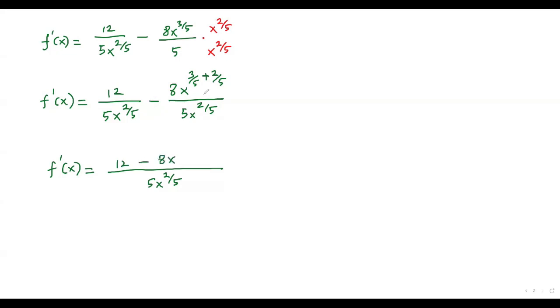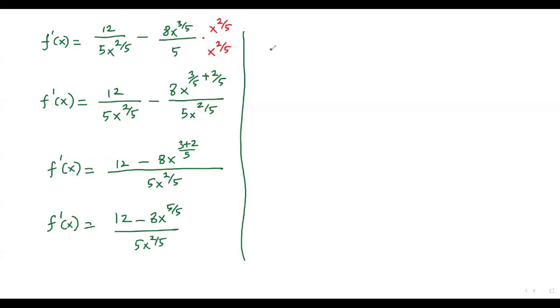Minus 8 times x to the power of, and here we have addition of two fractions with the same denominator 5, so we can add the two numerators, 3 plus 2. So f prime of x equals 12 minus 8 times x to the power of, when I simplify, I'm getting 5 over 5, over 5 times x to the power of 2/5.